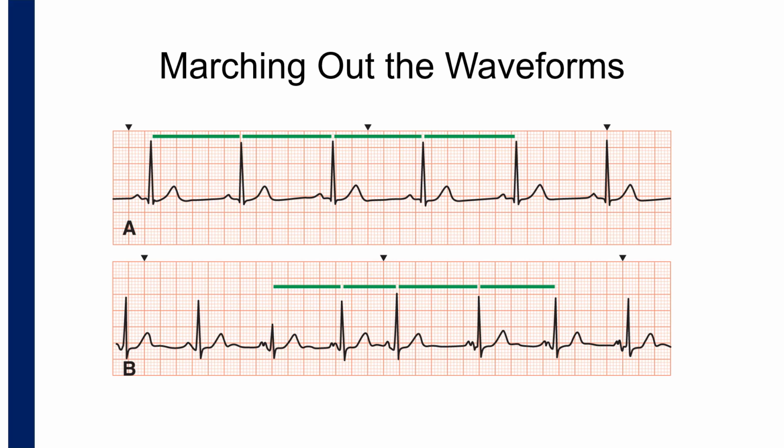So you can see here in this example, 1, 2, 3, 4, 4 whole boxes, and if you add this one to here, that would be 5. 1, 2, 3, 4, 5. 1, 2, 3, 4, 5, and so on. So this is a pretty regular rhythm. The one below here, you can see right away, you don't even have to count the boxes. It looks irregular. Between here and here and here and here, they're not the same distance apart. So that's called marching out the waveforms.